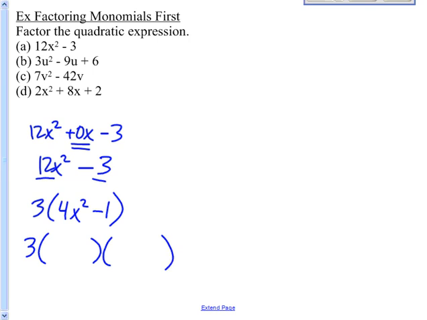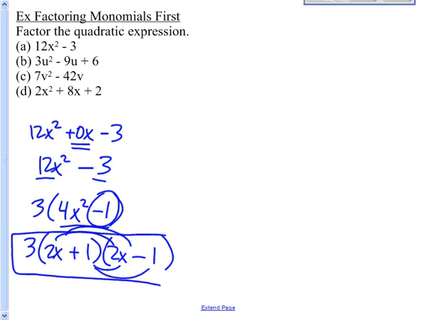Well, this is the difference of squares right here. So I know it's got to be 2x, 2x. I'm looking at the 1, 1, and 1. Now it's a negative 1, so one's got to be positive, one's got to be negative. And then I check that. I'm like 4x squared minus 2x plus 2x, those are gone. Minus 1. Aha, there it is. So that works.